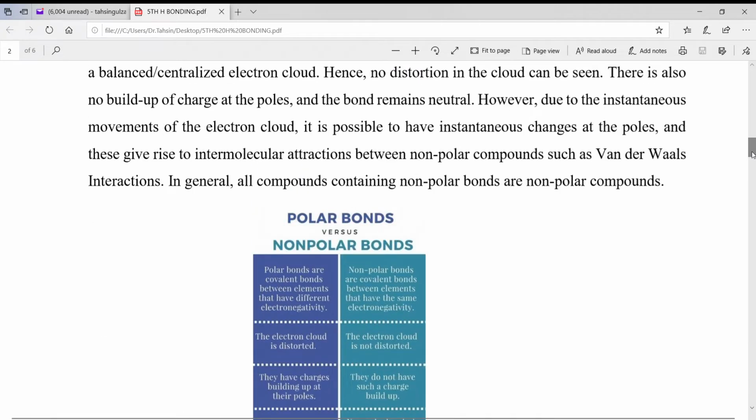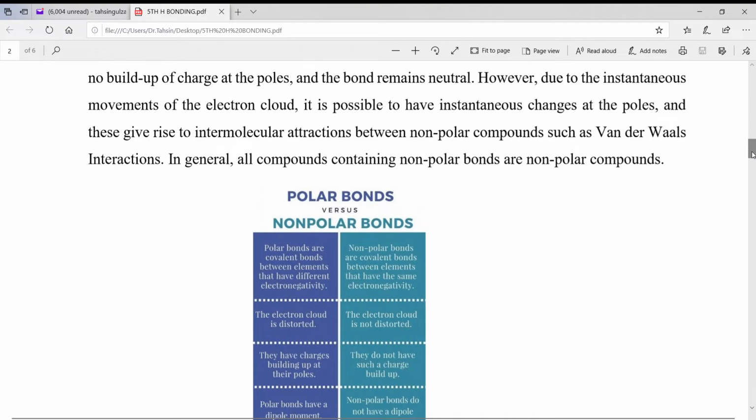You know, polar bonds are covalent in character, while non-polar bonds are also covalent bonds, but a non-polar bond is between those elements which have almost the same electronegativity. When there is no difference of electronegativity between these two elements, it means they don't have any polar character in it.